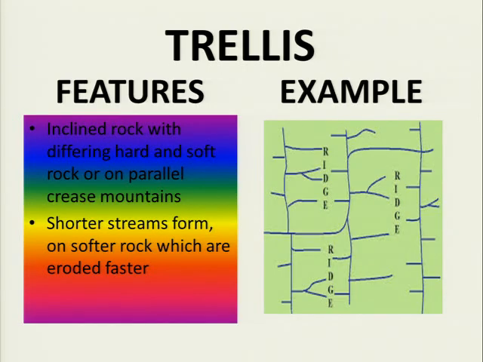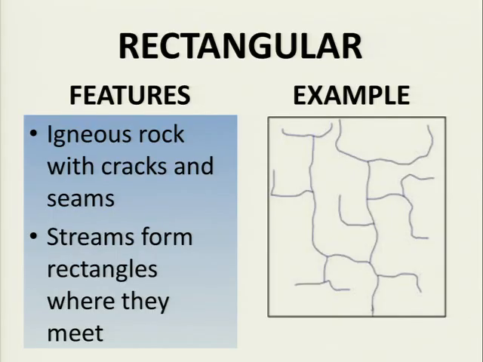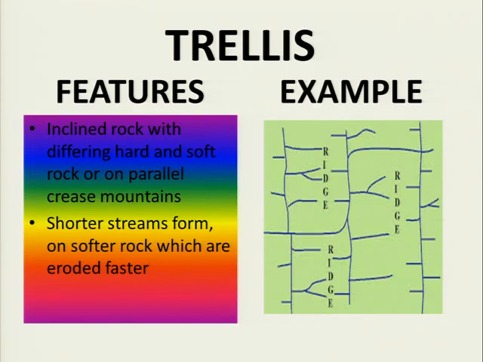It is found in inclined rock with differing hard and soft rock, or on parallel crease mountains. The shorter streams form on the softer rock, which are eroded faster. I want you guys to compare this trellis pattern with the rectangular one. Do you see? Trellis are far finer than the rectangular.